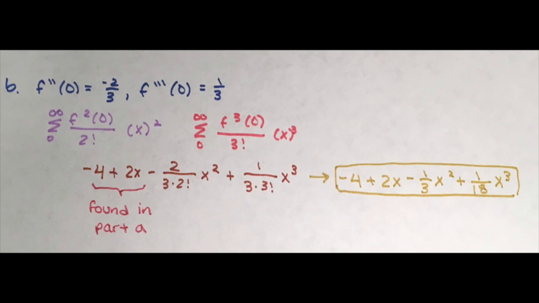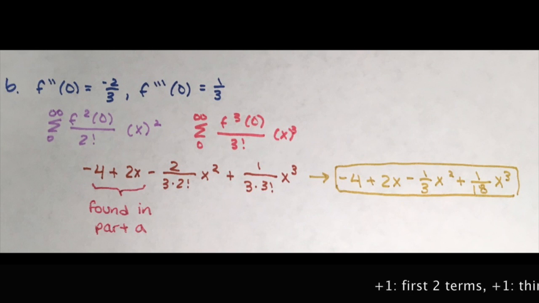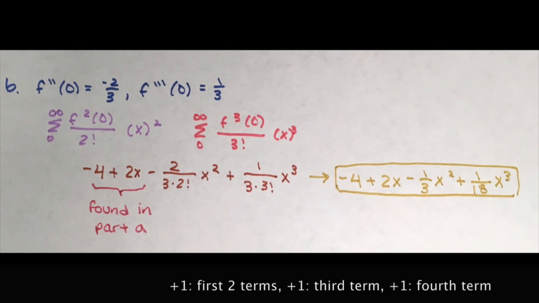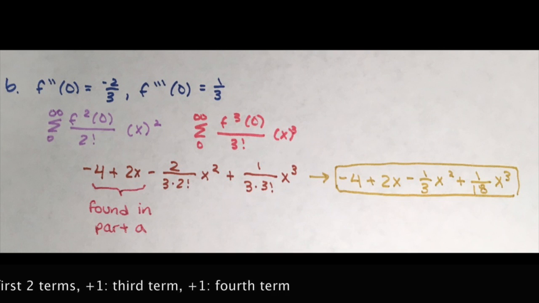It means that you are writing out terms until you get to an x value that has a degree of 3. In this case, as you can see, the third degree Taylor polynomial has 4 terms. Part B is worth 3 points. You would receive 1 point for the first 2 terms, another point for the third term, and another point for the fourth term.